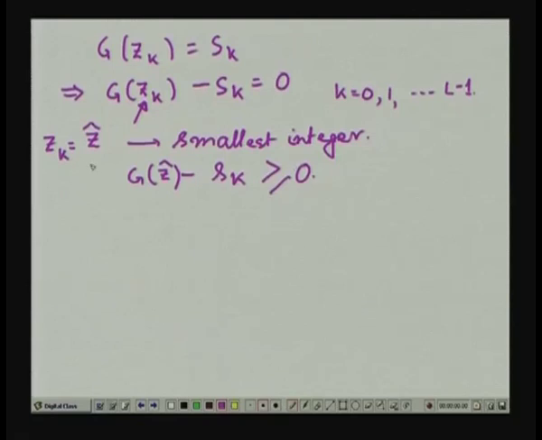So, our approach can be that we start with a very small value, the smallest integer z hat, then go on incrementing z hat by 1 at every step until this condition is satisfied. When this condition is satisfied, the value of z hat we get is the z_k corresponding to this given value s_k.